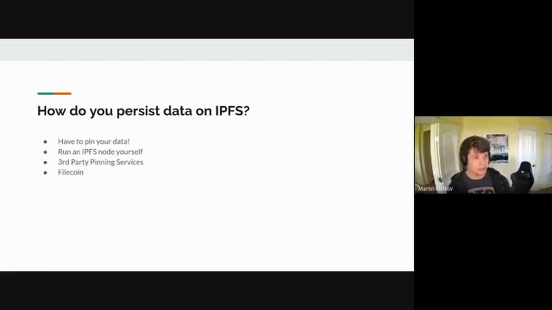This is a managed system. There are services and companies that run dedicated IPFS servers, and they'll pin and run the nodes for you. You just send your data through an API endpoint, and then they'll save it on their infrastructure, pin it, and serve it for you. So that's a pretty convenient way to serve your data through IPFS.